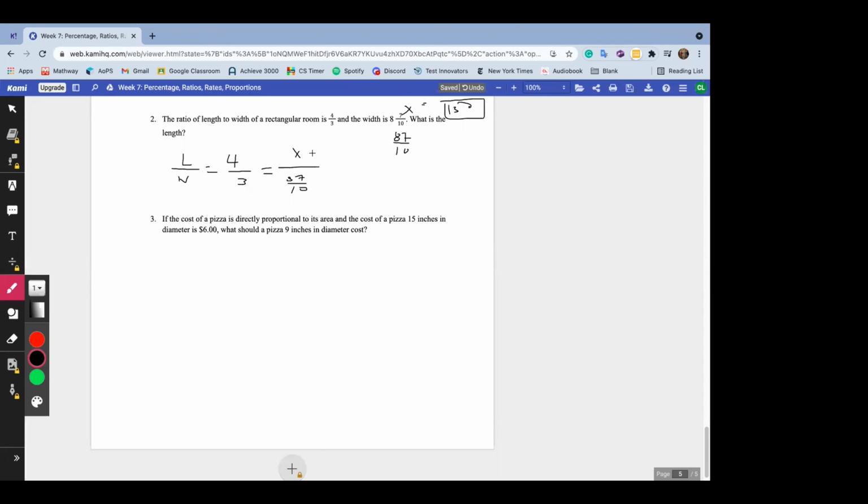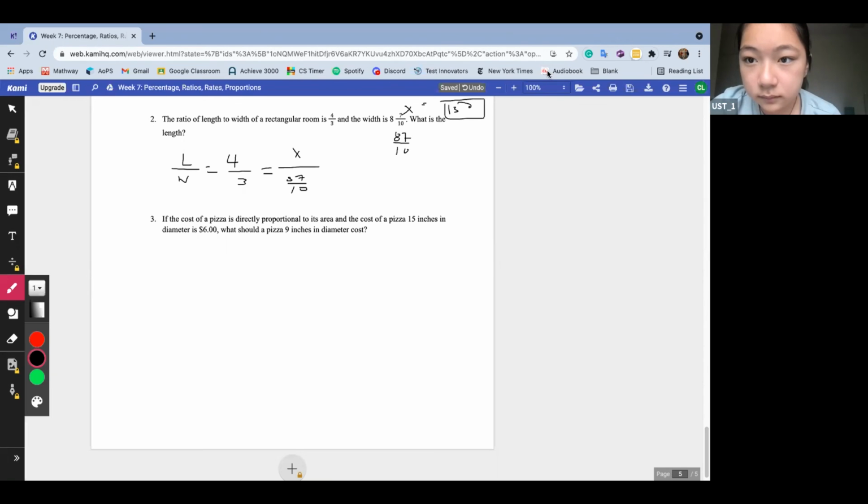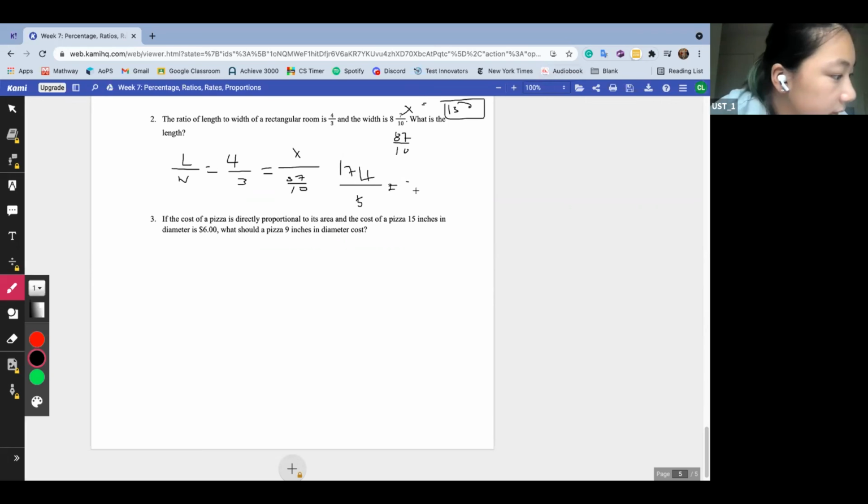Is it 350 over 5? Yeah. So we'll get 174 over 5 equals 3x. Divide both sides by 3 and you'll get x equals 58 over 5.